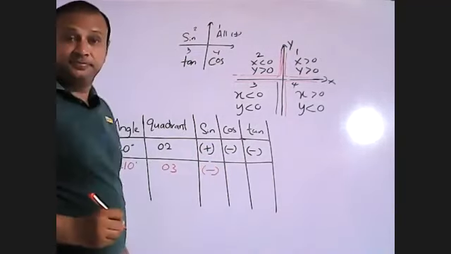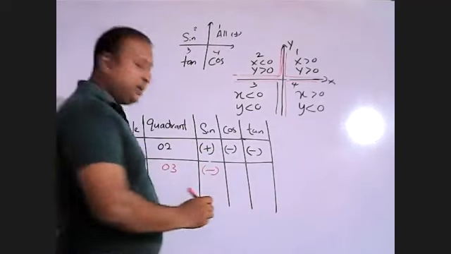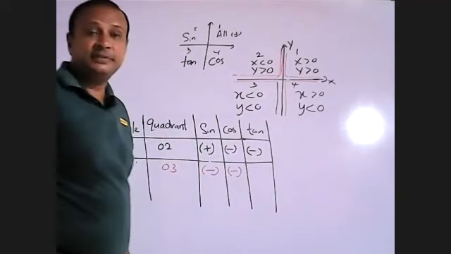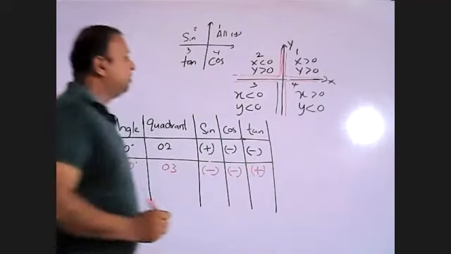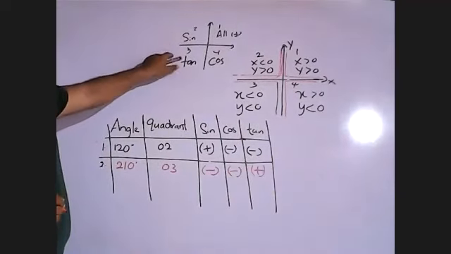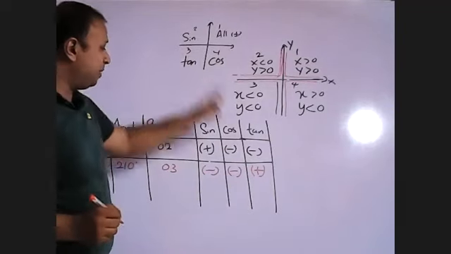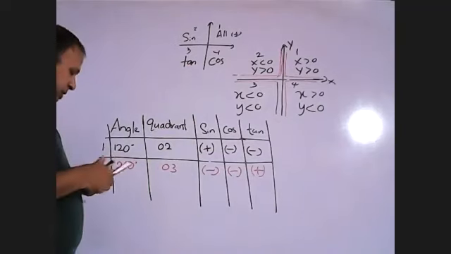Cos is also negative. Then tan is positive. Look at this. In that one, sine values are negative, cos values are negative, but the tan values are positive. Tan values are the only thing positive here.